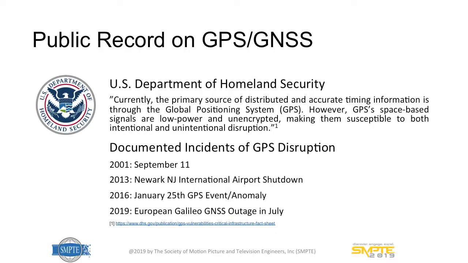Another event was the 2016 event where the GPS system actually malfunctioned in an interesting way. That caused big pain for many transmitters and other telecom operators. And this year in July, we had a Galileo GNSS outage. Galileo is the European version.